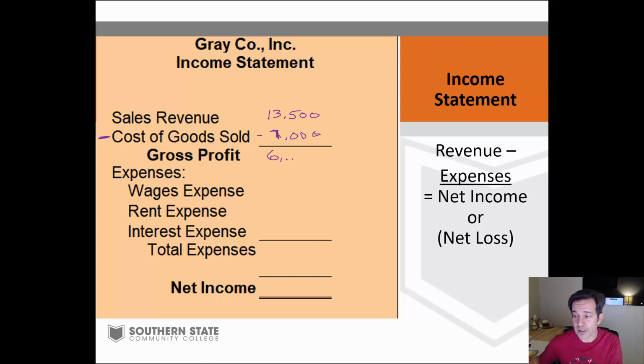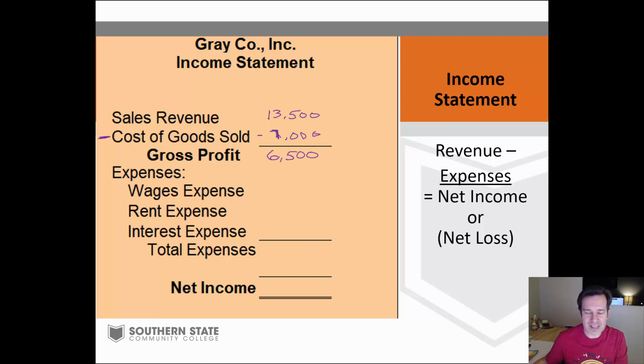Our gross profit, 6,500. Gross profit is a measure of how much money we made just buying and selling the inventory. What we sold the inventory for, what we paid for it. Gross profit. Really important number for a retailer or a merchandiser, because we have to pay all our other expenses out of that gross profit and still hopefully make money.